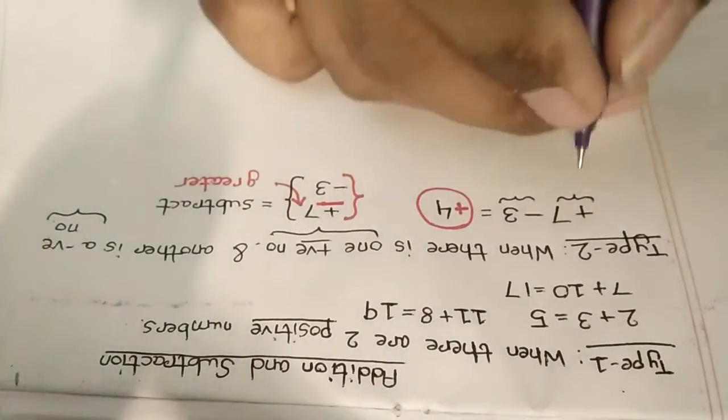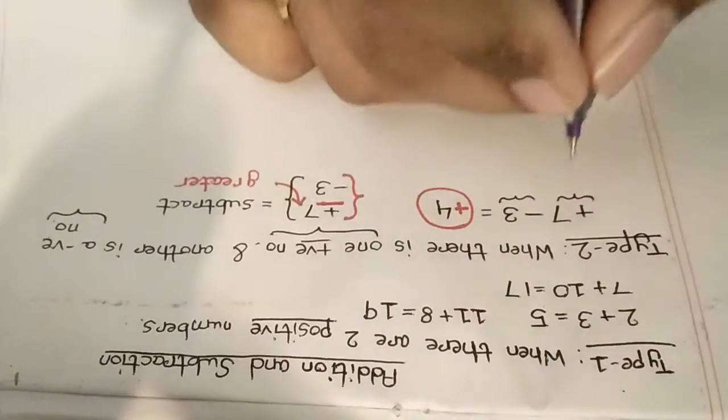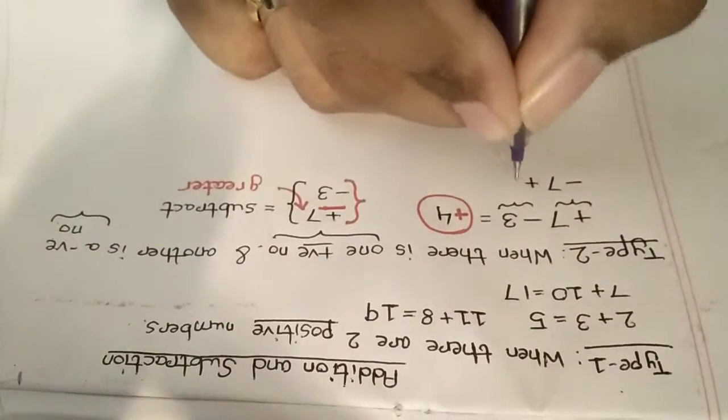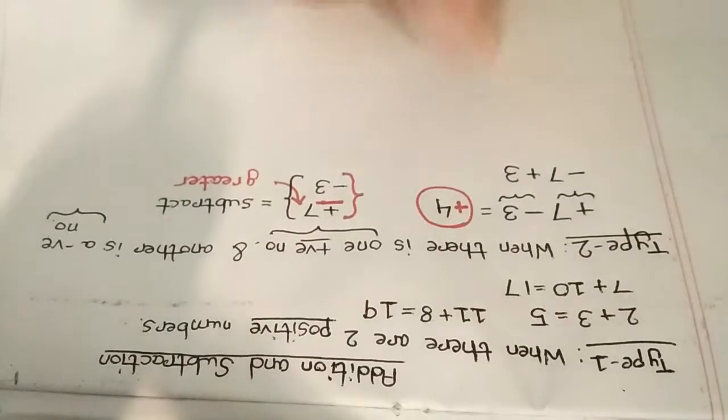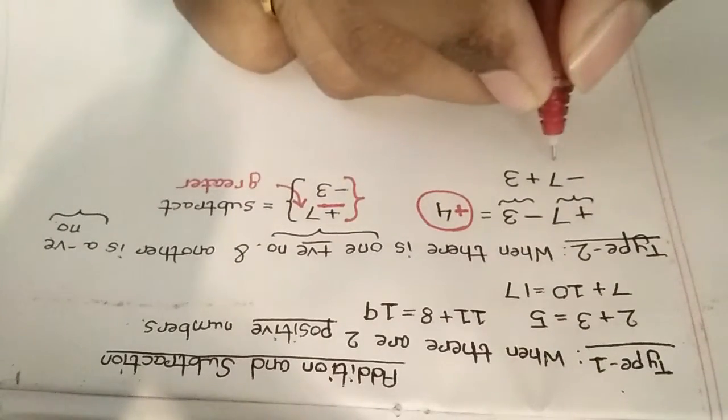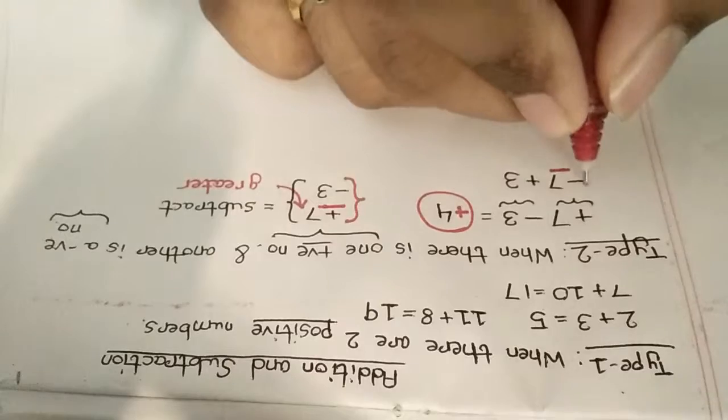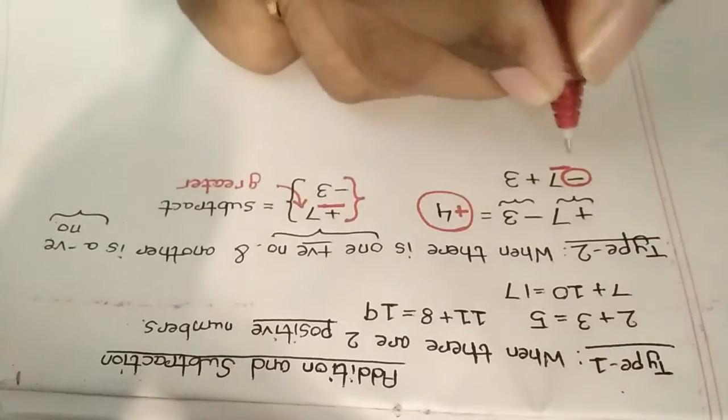Now let me give you the same example, twisting the sign like this: minus 7 plus 3. In this case, you see the number which is greater is 7 and the sign with the 7 is negative.